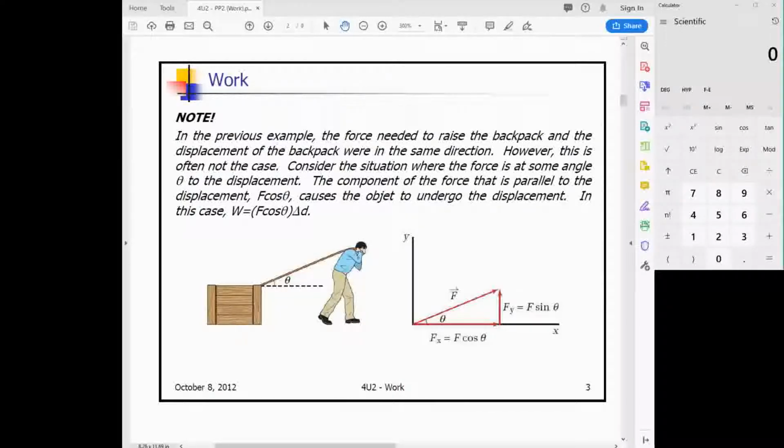So that Fx, which is F times cosine of theta, is acting in the same direction as the motion. The F sine of theta is perpendicular to the motion. That F sine theta does no work because our crate is not moving up. It's only moving to the right.